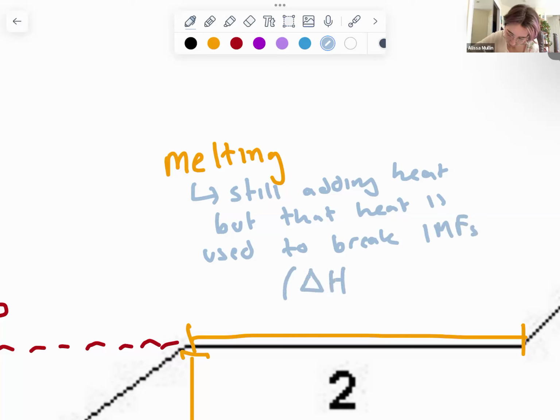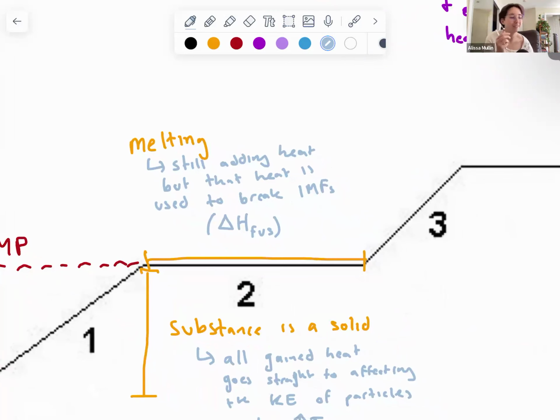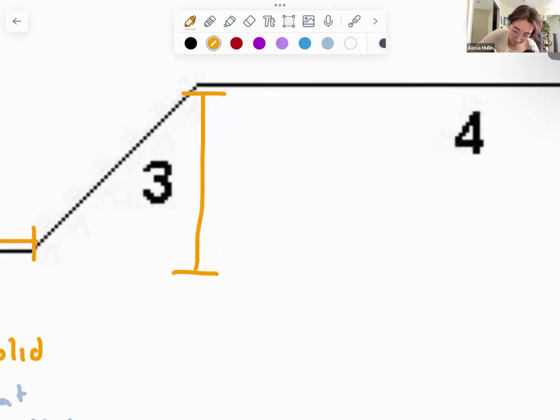And this is called the enthalpy of fusion, the heat of fusion. Okay. So as you heat it up, it is not increasing temperature during phase changes because the heat is doing the work of breaking those IMFs instead of just becoming kinetic energy. Once everything is melted, then you'll notice that it starts increasing temperature again. So here, now we have a liquid.